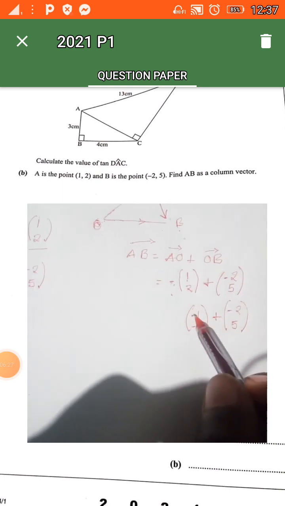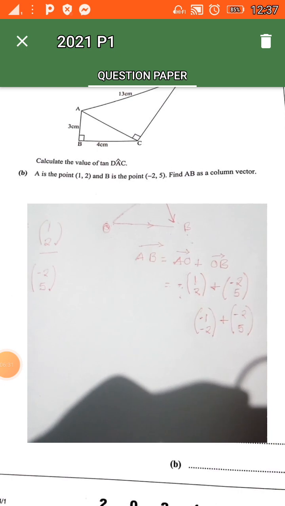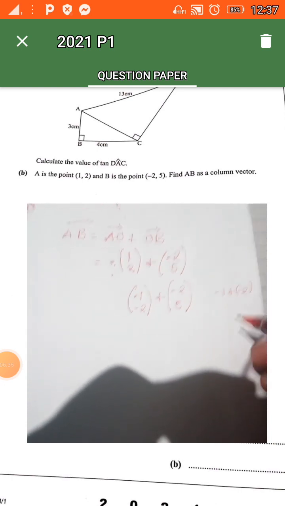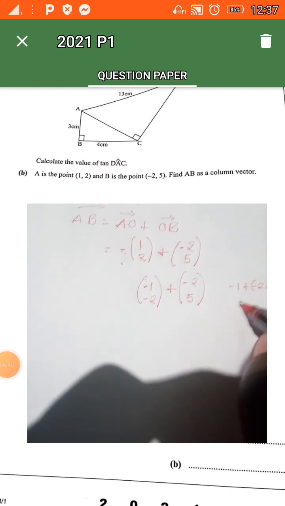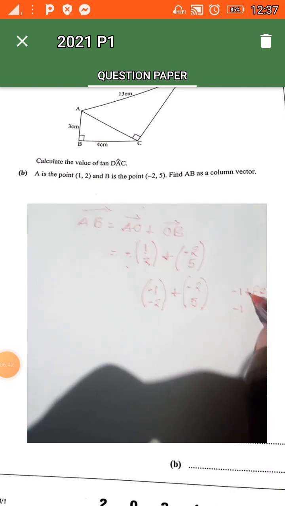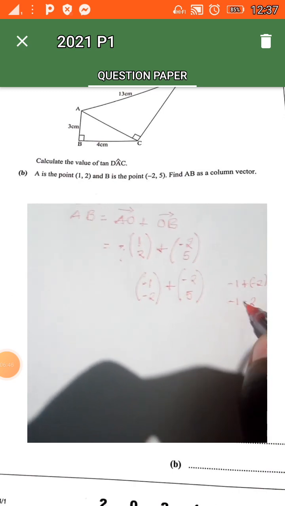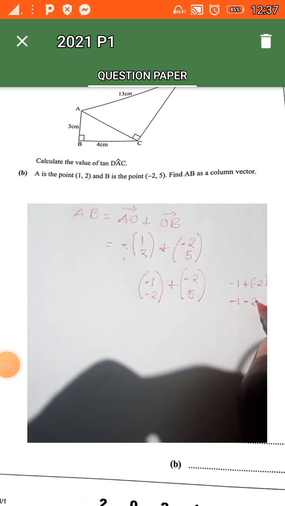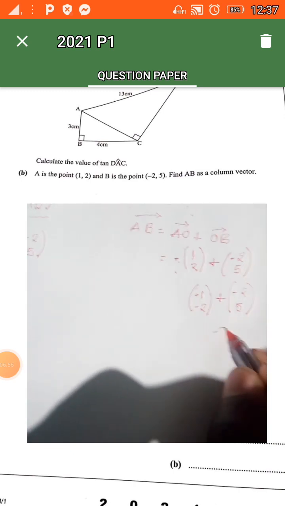Negative 1 plus negative 2: these are simple integers, and since both signs are equal, we add and maintain the sign, so it is negative 3. This is the answer.